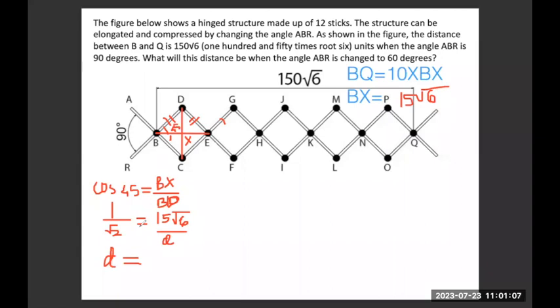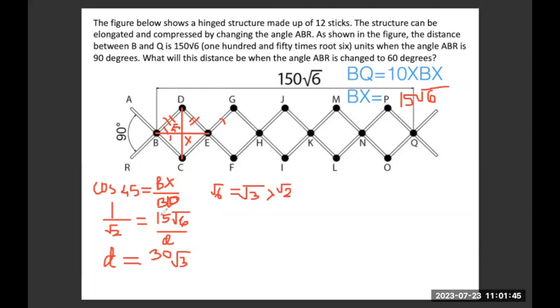2 will combine with 15, 2 15s are 30. So 30 root 3. Root 6 can be written as root 3 into root 2. The root 2 from below, when it comes up here, root 2 multiplied by root 2 becomes 2.